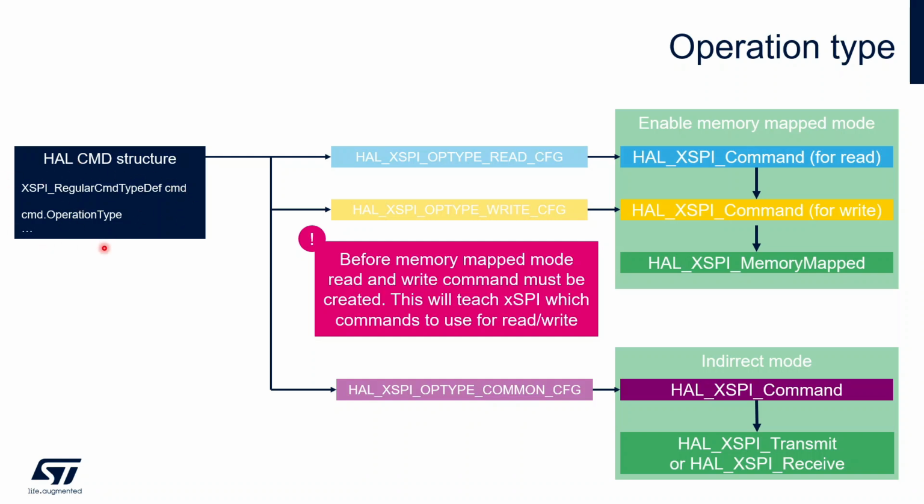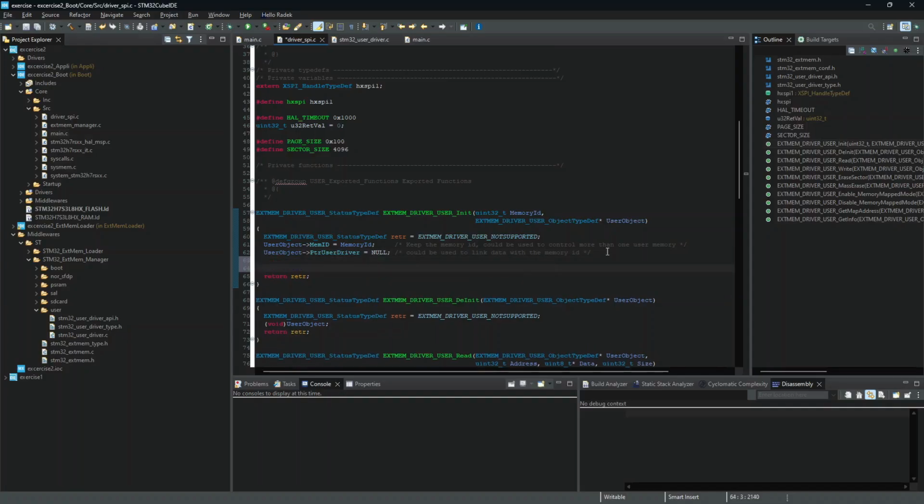This structure is unfortunately quite big, so I always propose to pre-fill it at the beginning to create something like a template, and then use it for every command and only fill the necessary changes or the parameters which we want. And we know the first command will be the reset enable followed by the reset, so these will be the first two commands, and we can start preparing them.